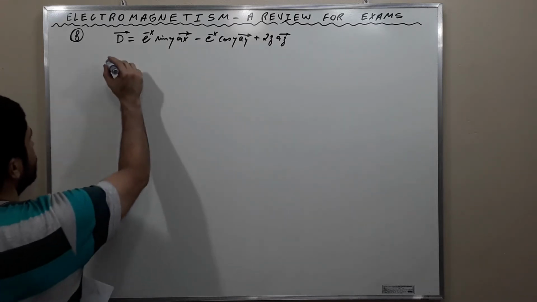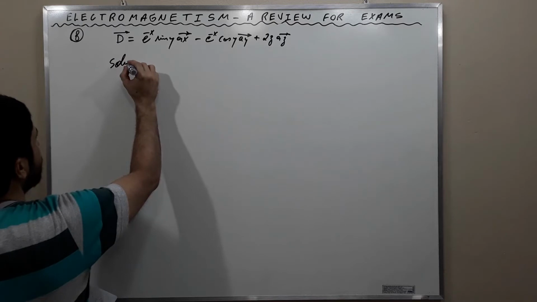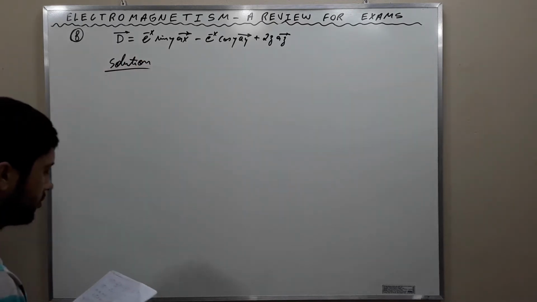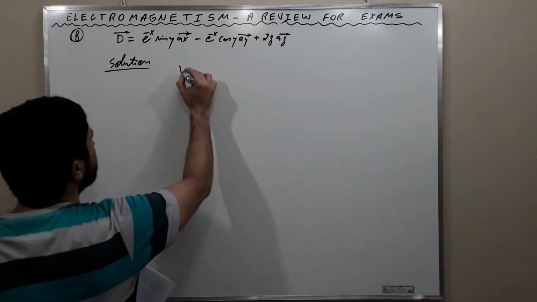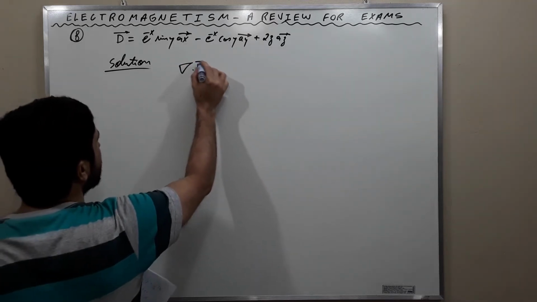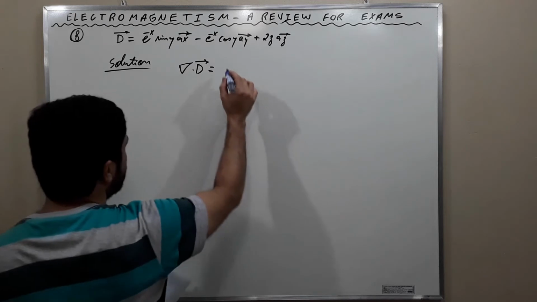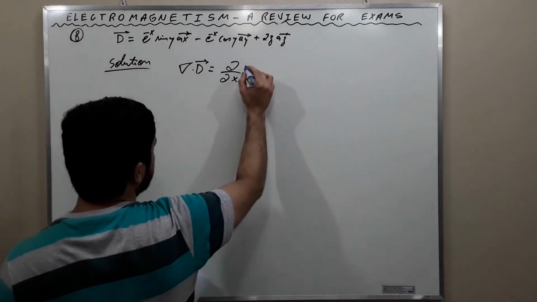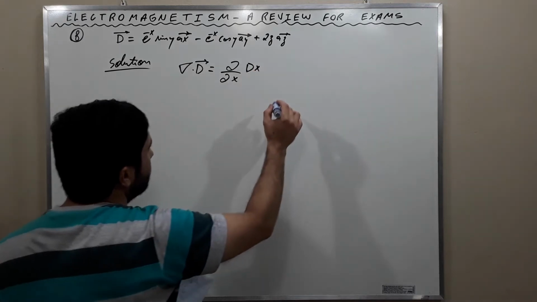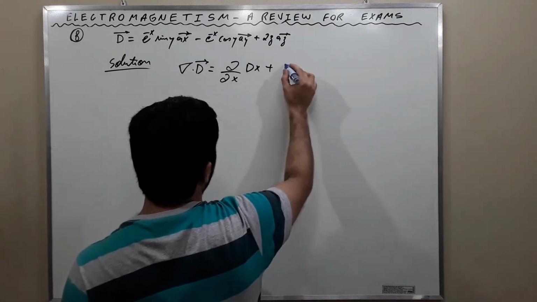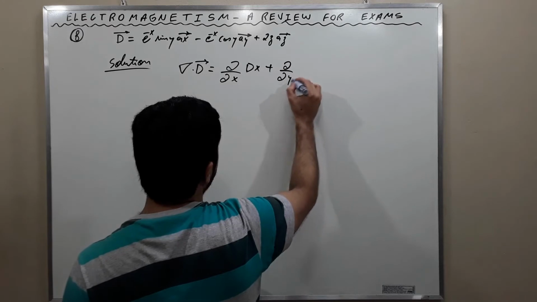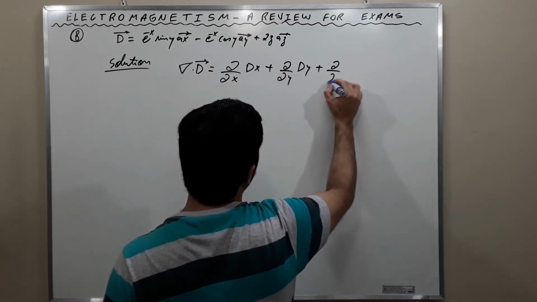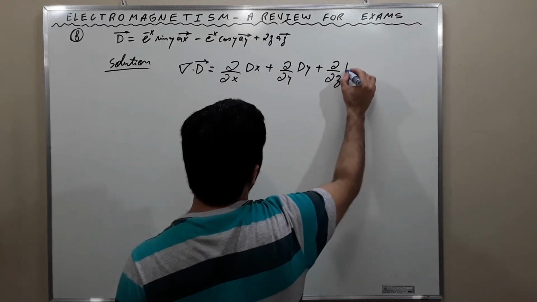Let's go to the solution. The divergence of D is equal to the partial derivative with respect to x of Dx plus the partial derivative with respect to y of Dy plus the partial derivative with respect to z of Dz.